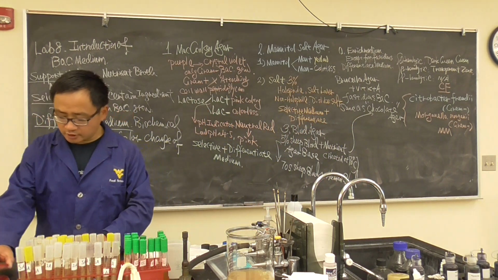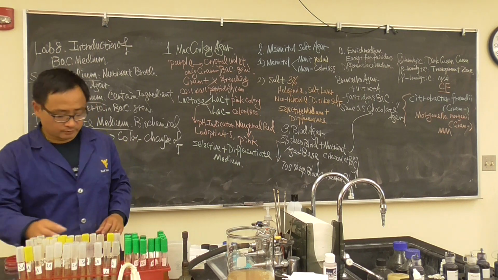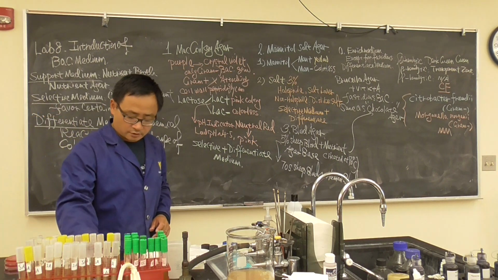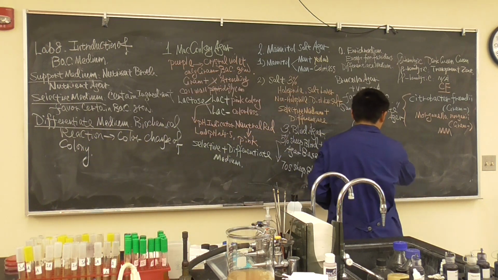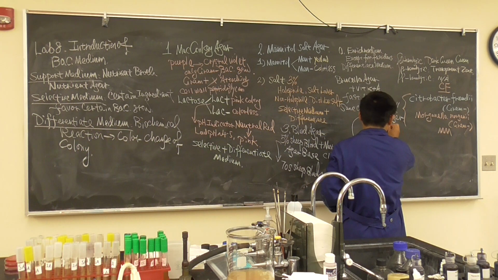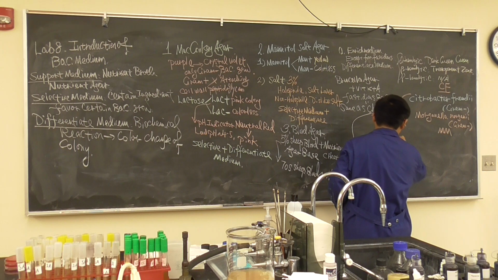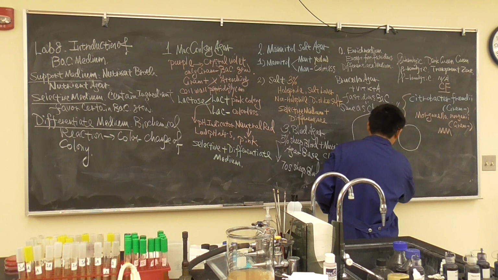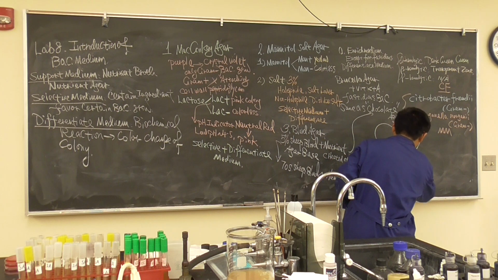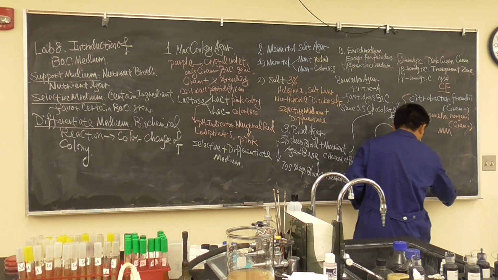Okay, today's work is very simple. How simple is it? You can finish in maybe 5 minutes or so. We have 4 different agars, plus another one, which is 5. We're going to draw 4 different agars here. What are the 4 different agars?